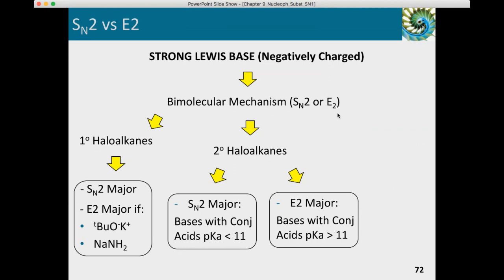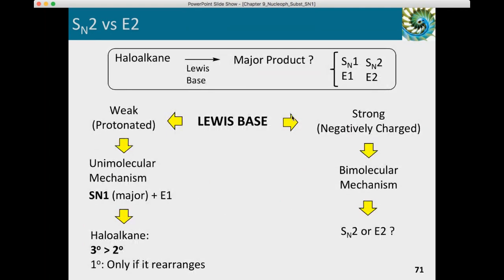The same happens with unimolecular elimination. And something that I didn't mention, but also remember that for unimolecular mechanisms, because the slow step is formation of the carbocation, there is always the possibility of rearrangements happening whenever a more stable carbocation can be formed.